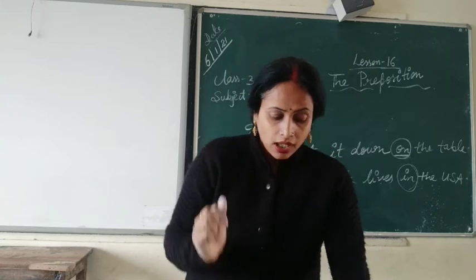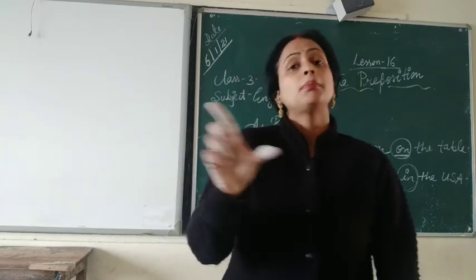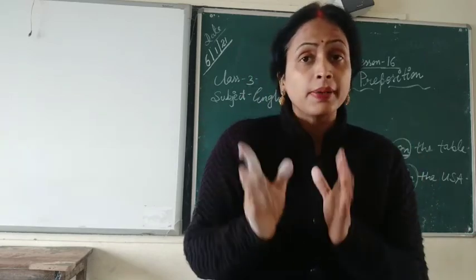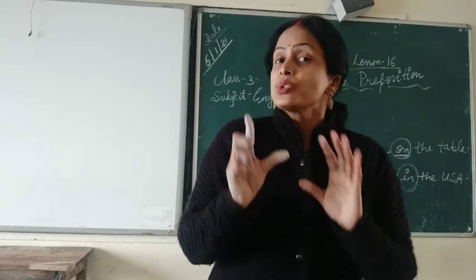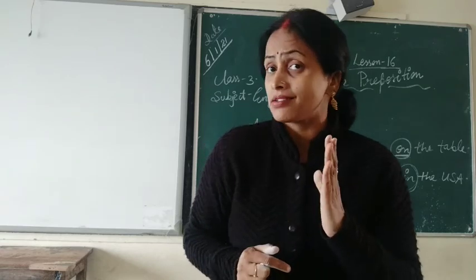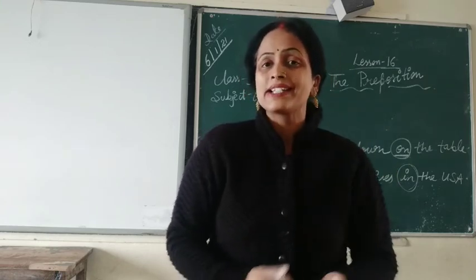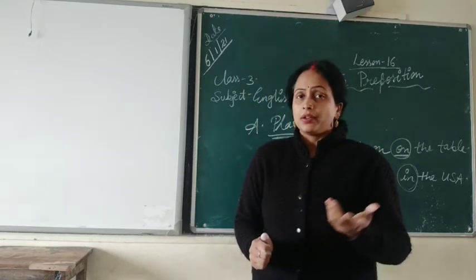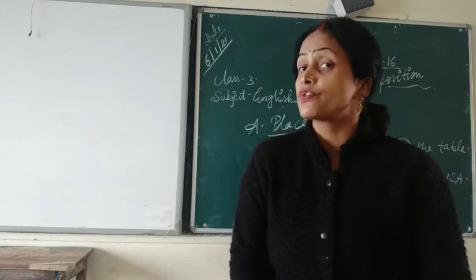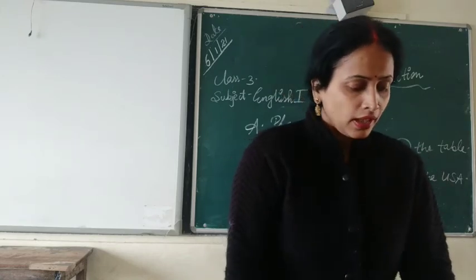Now, her aunt's house is by the lake. By the lake is also a particular place mentioned here. So what prepositions are we using for place? We are using on, across, at, in, by. These are the prepositions we use to mention a place.